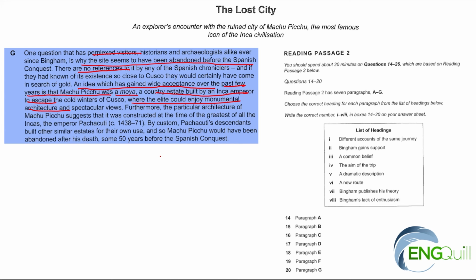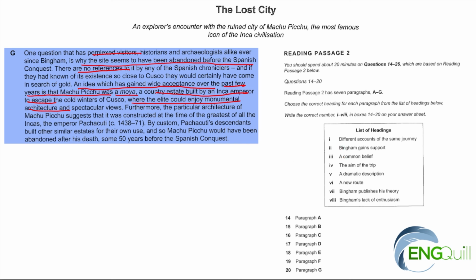Look at this line: the idea which has gained wide acceptance. So people accepted the idea over the past few years that Machu Picchu was a Moya, a country, and then they gave you the description of that place. So I have two things left. One is about a common belief, and the other one is gaining support.